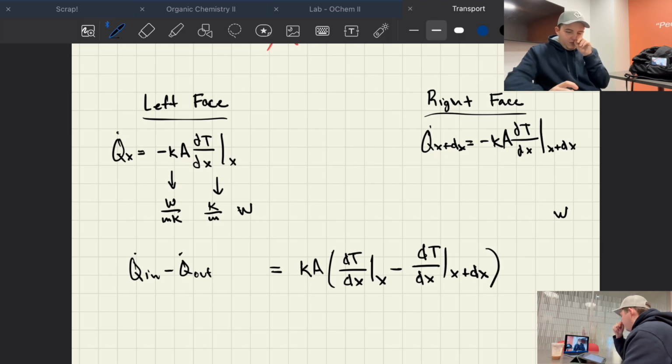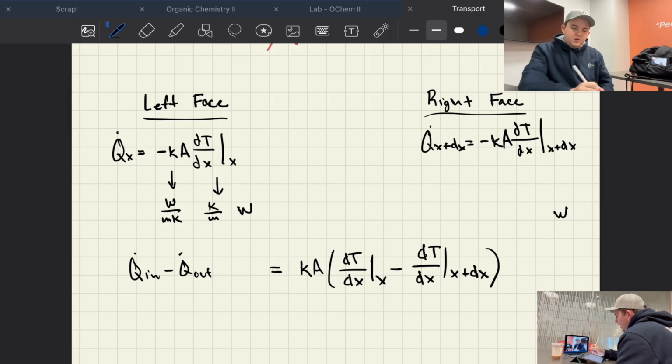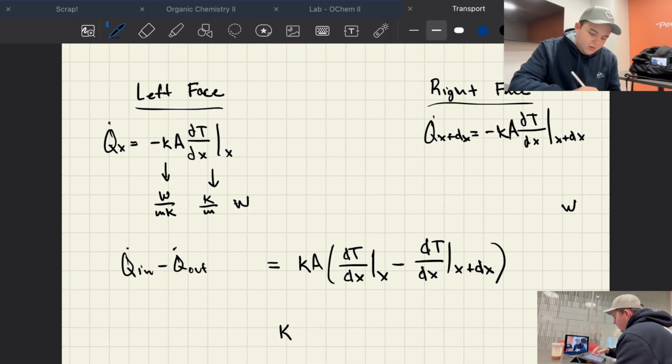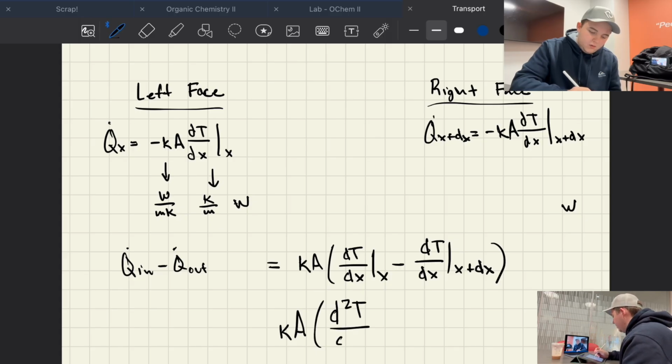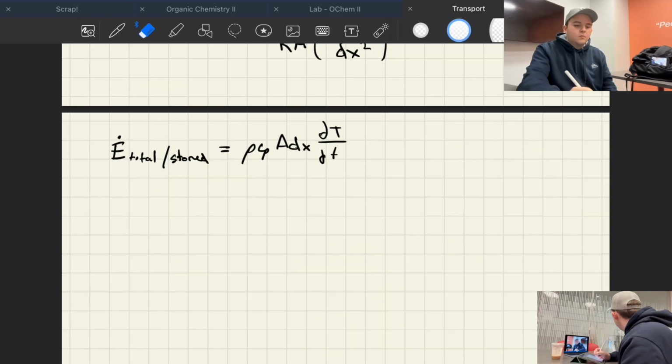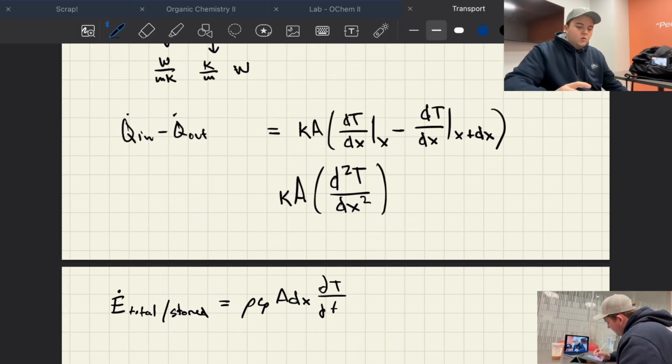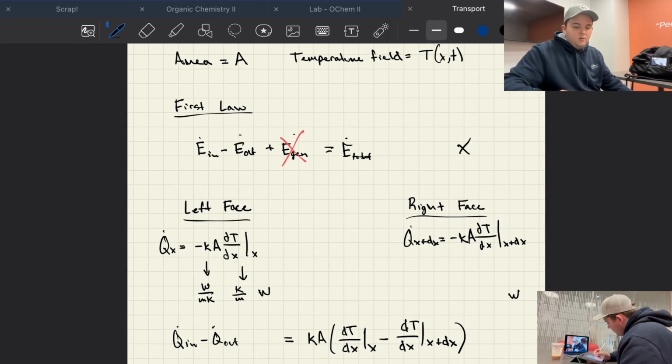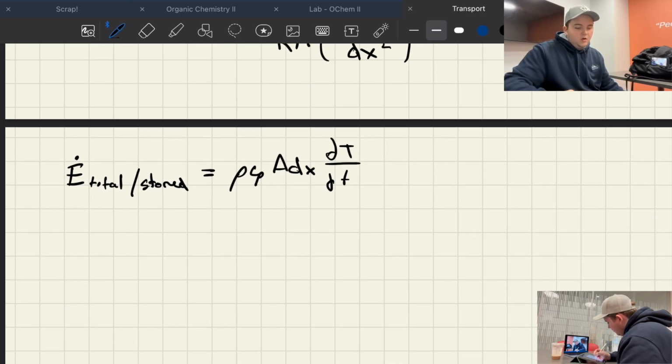So that's what we'd be left with. And then you can further simplify this too, and you can do KA d squared T over dx squared.